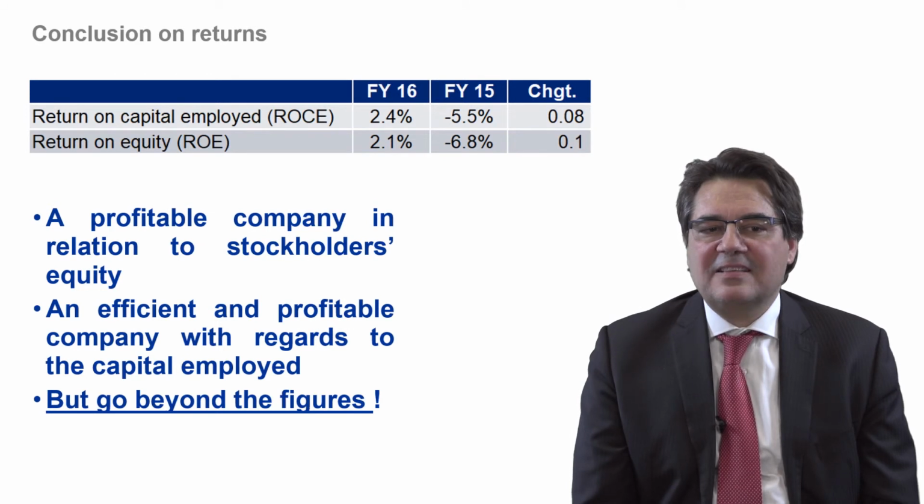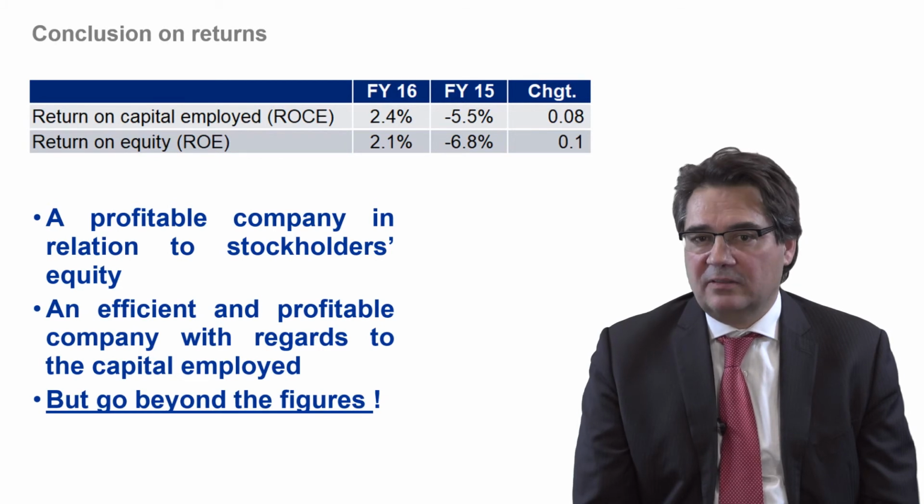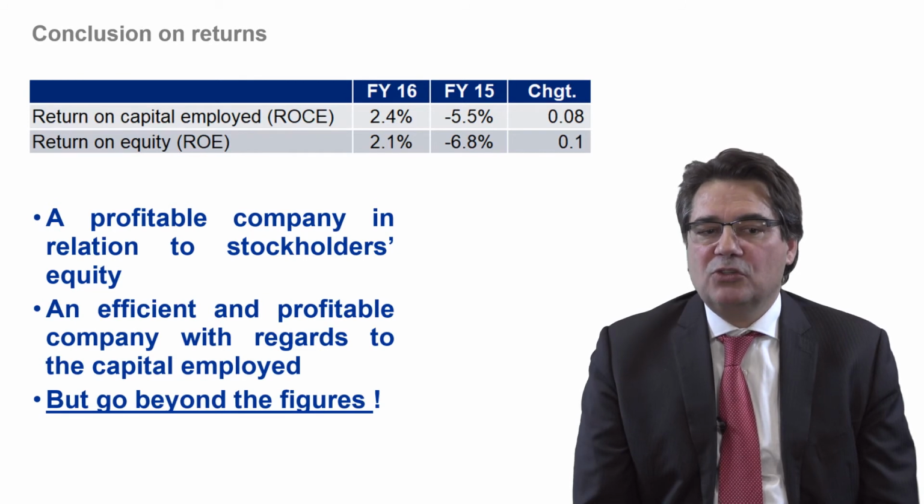So the 2016 ratios indicate positive profitability and efficiency levels. However, we need to go beyond the figures. The rates of return were found to be negative the year before due to a poor EBIT.